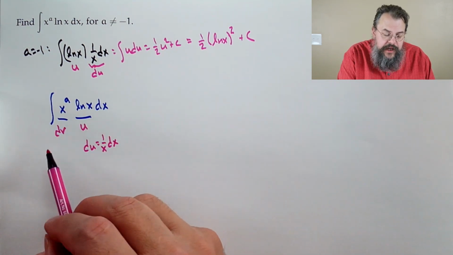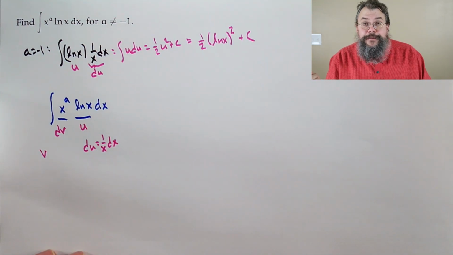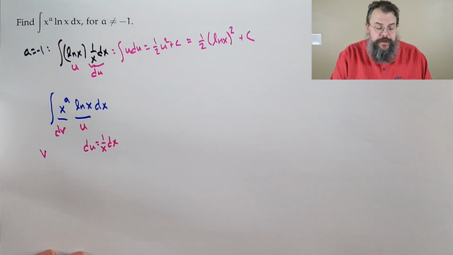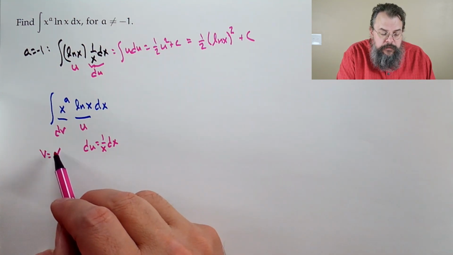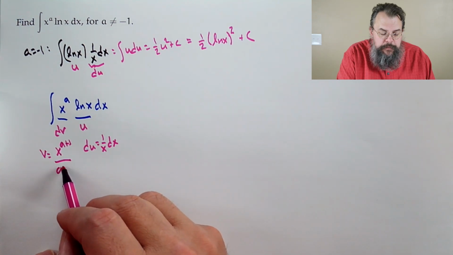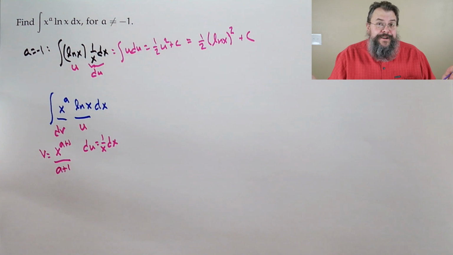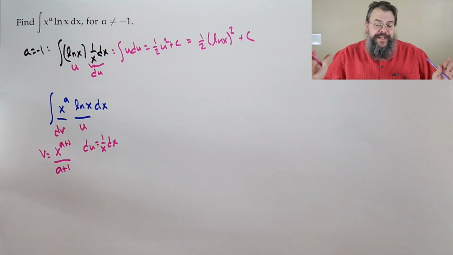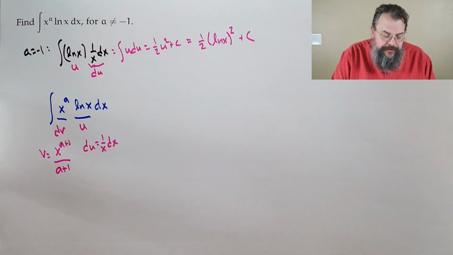And here, x to the a, here is where you need the fact that a is not -1. Because what will the integral become? You add 1 to the power, a plus 1, and then you divide by a plus 1. See, if a were -1, you'd run into troubles here, but we're assuming a is not -1, so no troubles. So what do we have?